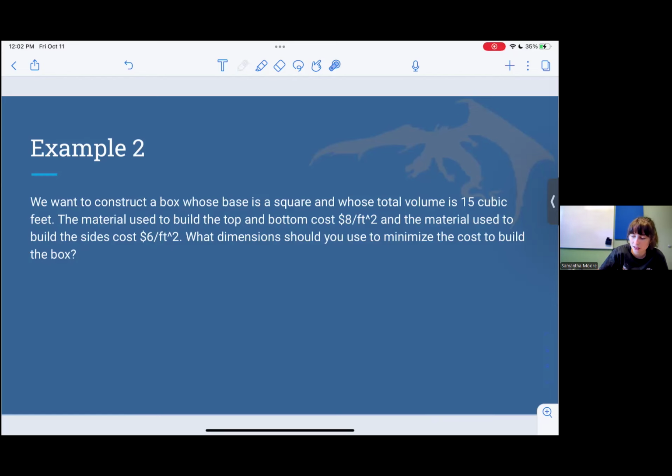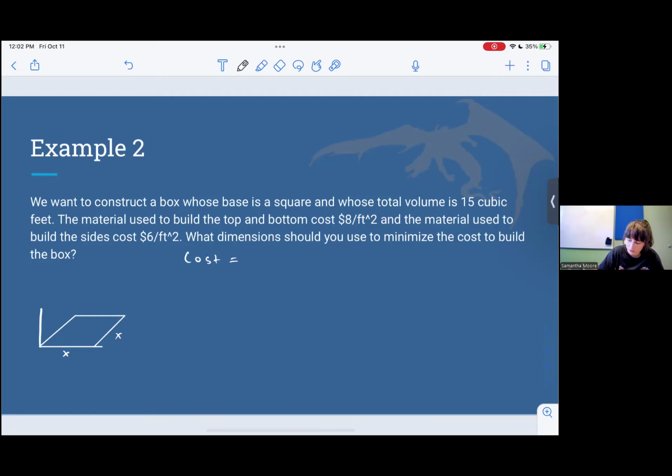Okay, so we're minimizing cost. So that's going to be the important equation. Let's start by figuring out that equation, maybe in terms of multiple variables, and then we'll cut down to a single variable. We're told that our box is going to have a square base, an x by x base.